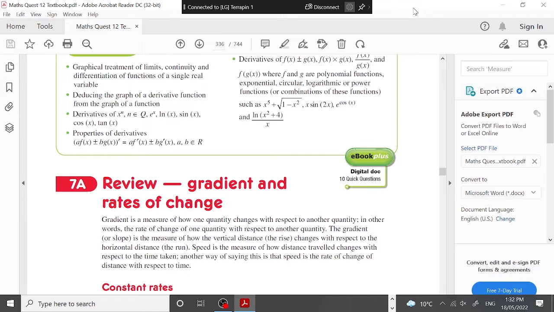So when we're thinking about differential calculus, we need to have in our mind that we're talking about the rate of change of something, or the gradient.